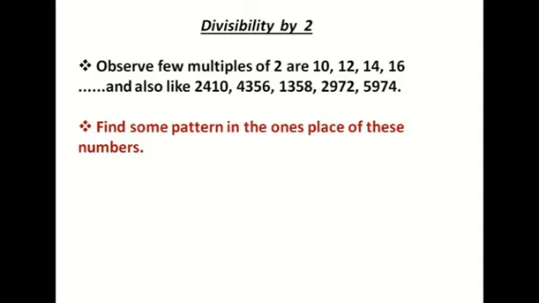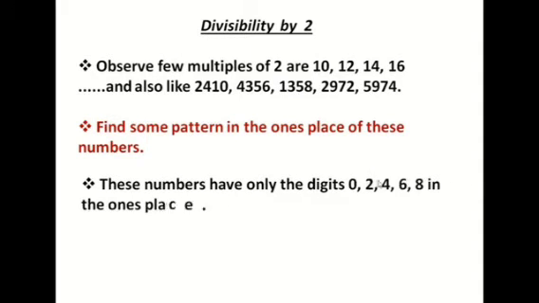So the numbers in the ones place are only 0, 2, 4, 6, 8. In all these multiples I have given here, or any other multiples of 2 you want to try, you will find the digits in the ones place are 0, 2, 4, 6, 8.